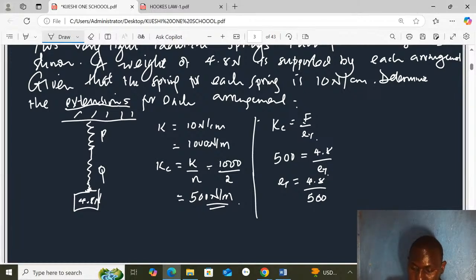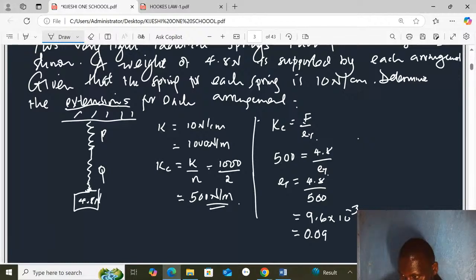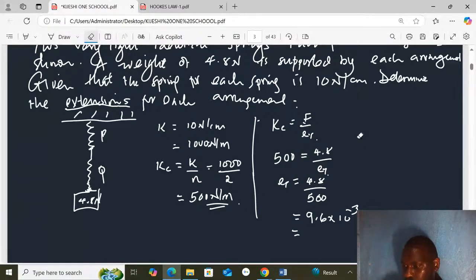This is equivalent to 9.6 times 10 raised to -3 meters, which is equivalent to 0.0096 meters.